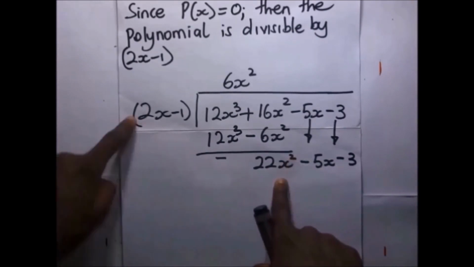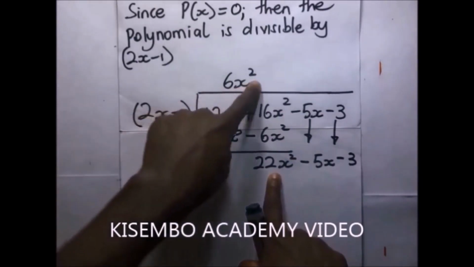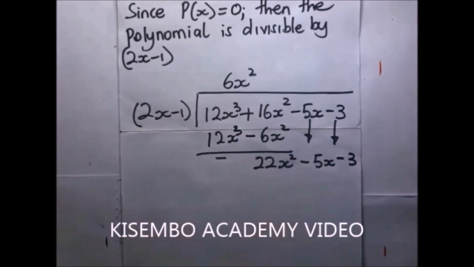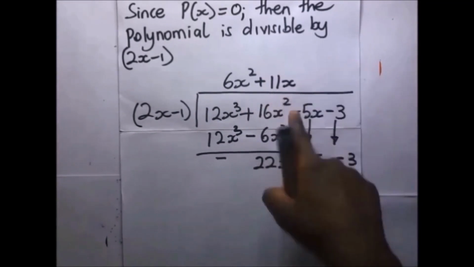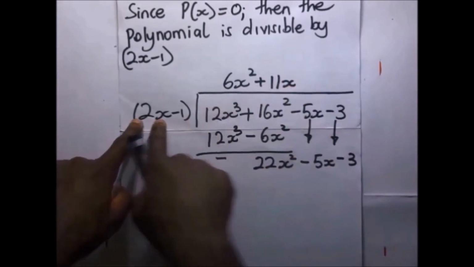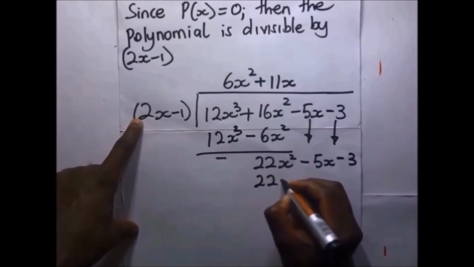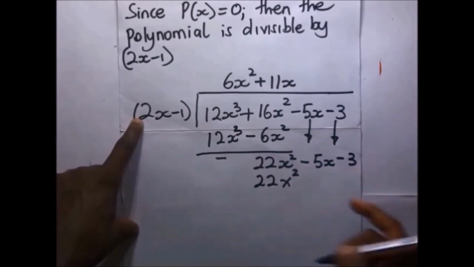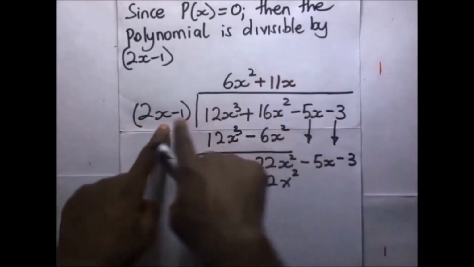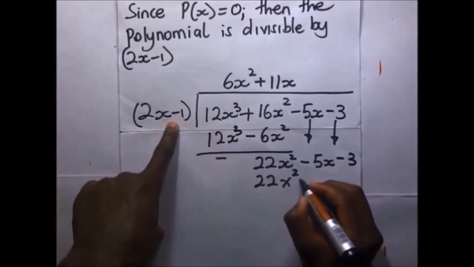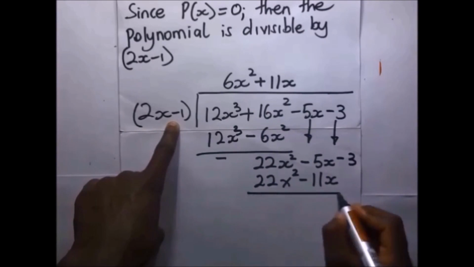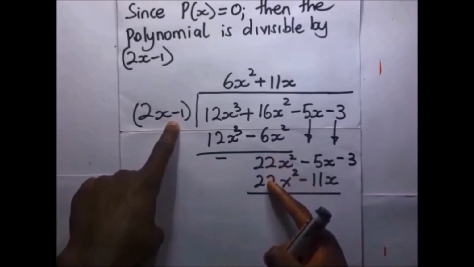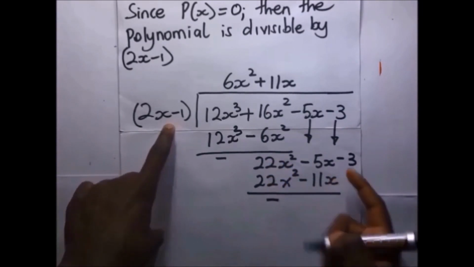22x squared divided by 2x, you're going to end up with plus 11x. So 11x times 2x is going to give us 22x squared. And then 11x times negative 1, we shall get negative 11x. When you subtract this minus that, we remain with nothing.